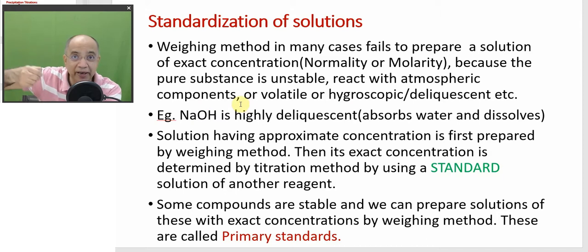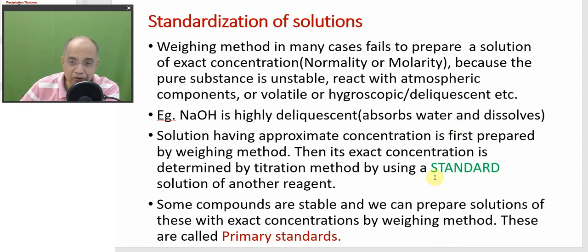By the time you weigh, a part will have escaped to the atmosphere, as it is volatile. Or sometimes it is hygroscopic, deliquescent: it absorbs water and dissolves in it, so the mass that you take in the balance becomes different. It's not reliable.